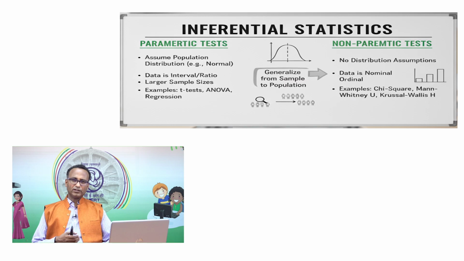Then what are the basic assumptions we should keep in mind when we are using parametric statistics? The first assumption is that the data must be normally distributed, because I said these inferential statistics are based on probability, and especially parametric statistics must be used when data is normally distributed.